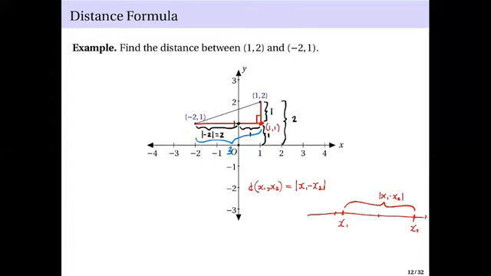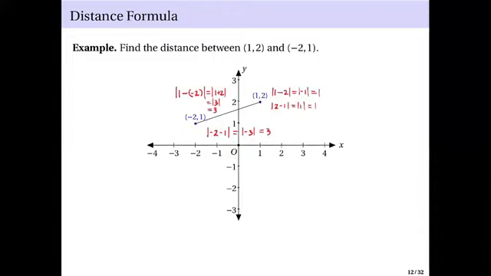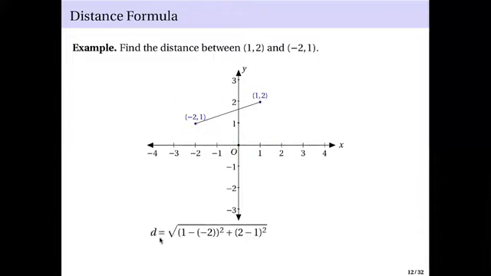So if we go further now, we will have the following. The distance of 1. In here, I started with this point here. The 1 in the x-coordinate minus -2. So 1 minus -2, we get the square of that. And then 2 minus 1, and then we get the square of that.